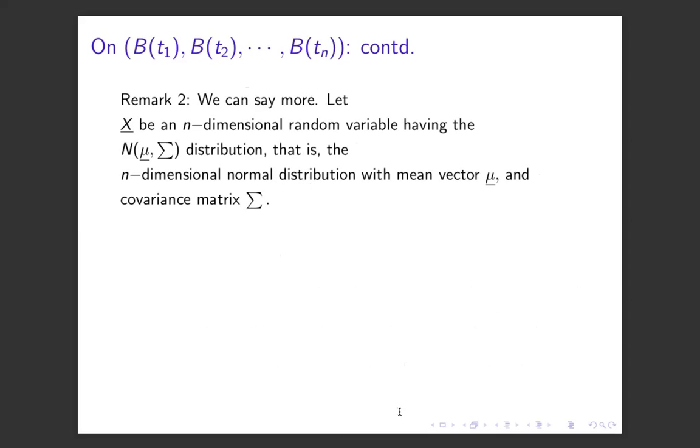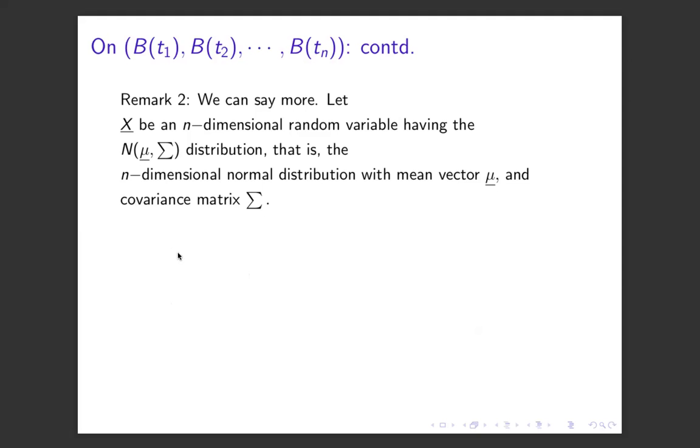Suppose X is an n-dimensional random variable having the n-dimensional normal distribution. Just like the one-dimensional normal distribution is characterized by the mean, that is expectation, and the variance, the n-dimensional random variable is also characterized by the first two moments. But since it is a vector random variable, the mean forms a vector.